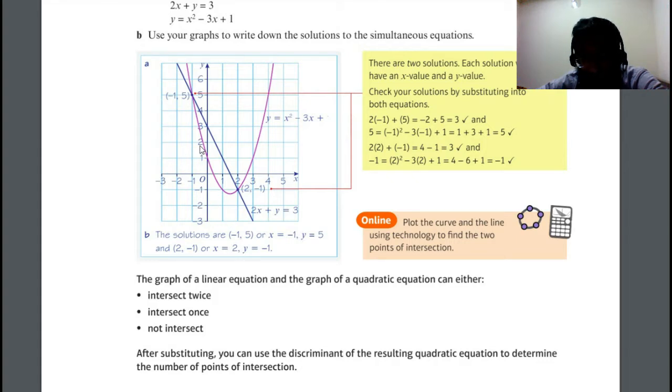If it's greater than 0, the line is intersecting the parabola twice. If it's equal to 0, the line is just tangent to the parabola. And if b squared minus 4ac is less than 0, imaginary roots, it means it's not intersecting the parabola at all.